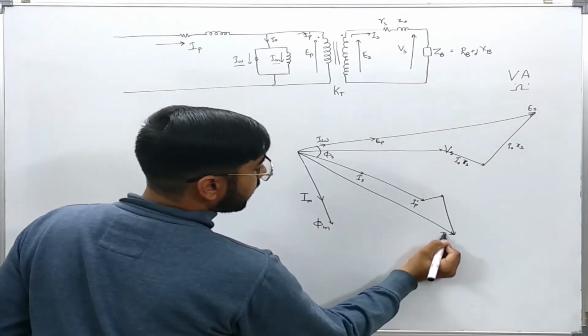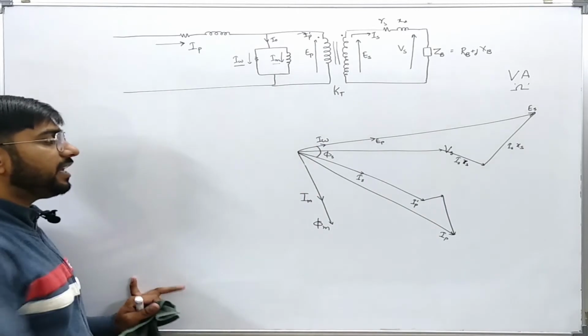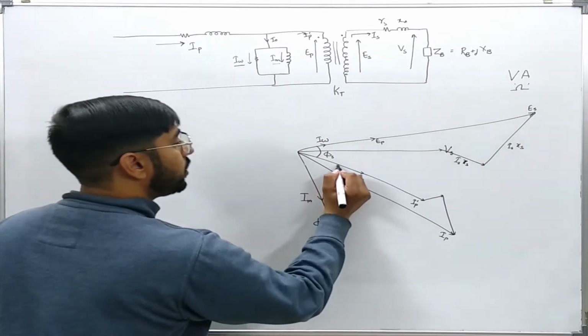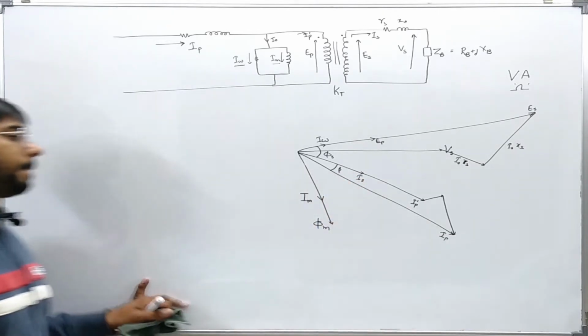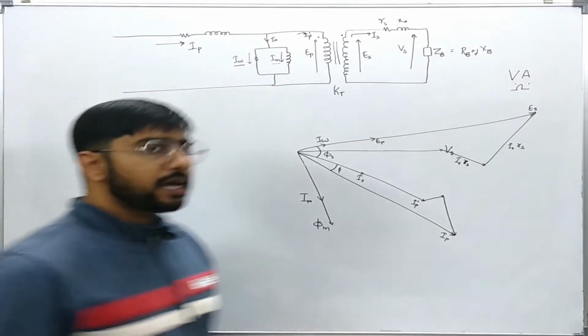So this is IP, and the angle between IS and IP will be called beta.